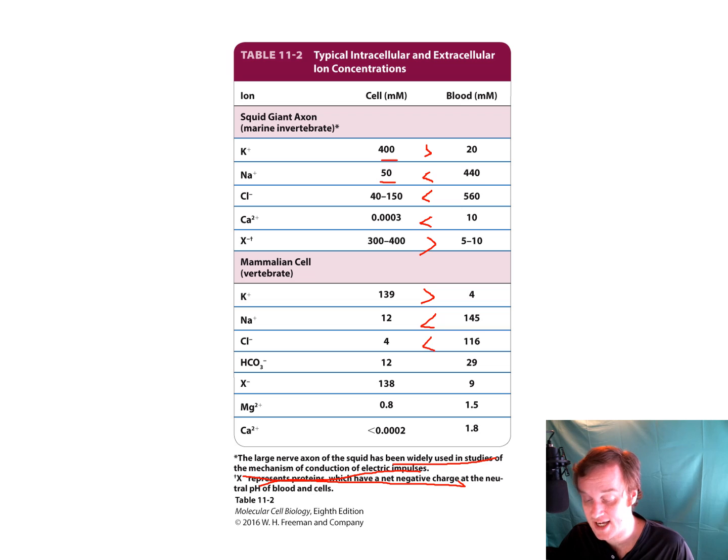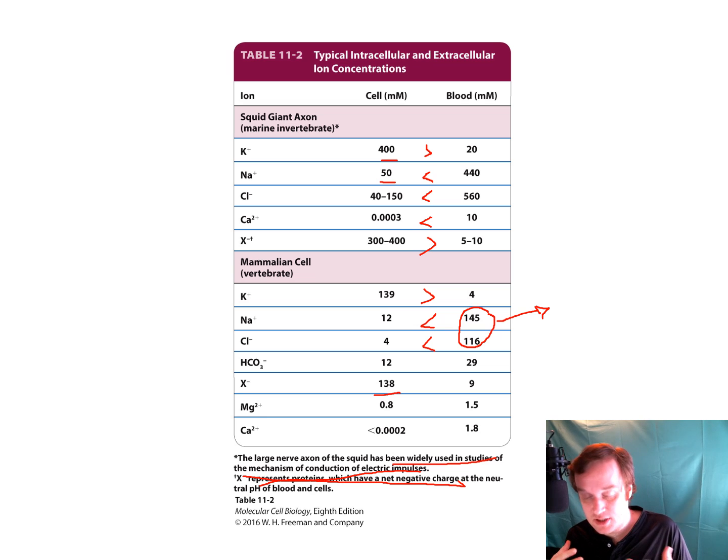We see that chlorine ions are higher on the external part of the cell, and this makes sense, right? Because sodium chloride, table salt, is going to, in water, become its ions, and so you would expect that both of those would be higher on the same side of the membrane. Proteins higher on the inside, etc.